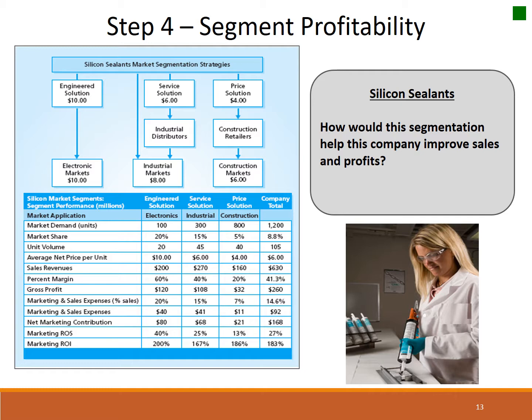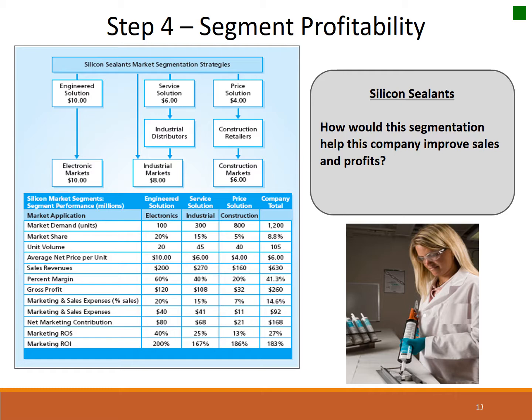So for each market segment, just like you've seen in the past, you can create a financial statement that has the marketing sales expenses in it, the MSEs.